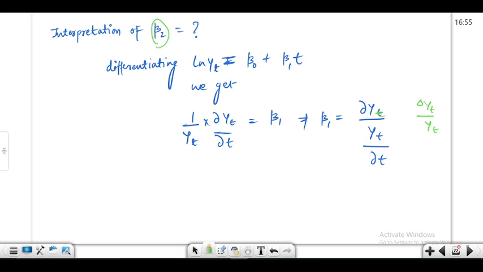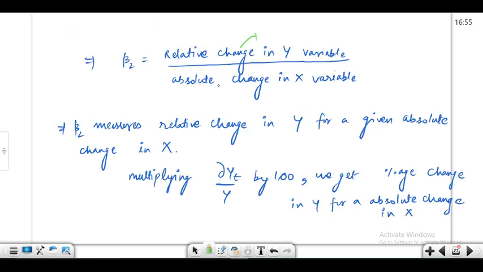And delta t is basically your absolute change in x variable, which is t here, that is your time, right? So this implies that beta 2 measures the relative change in y variable for a given absolute change in your x variable. I hope this is clear.